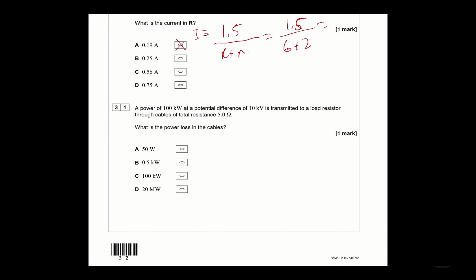Okay, 31. The power of 100 kilowatts at a potential difference of 10 kilovolts is transmitted to a load resistor through cables of total resistance 5 ohms. What is the power loss in the cables?